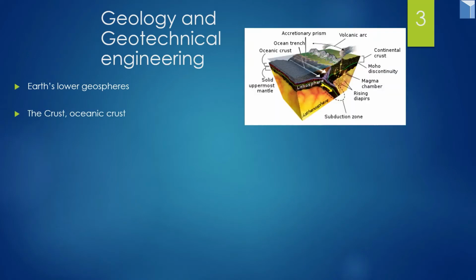The oceanic crust. The oceanic crust is a part of the crust of the Earth and composes a spherical cover to the surface of the Earth. The oceanic crust is shown here in this 3D image, it is this part of the crust of the Earth.